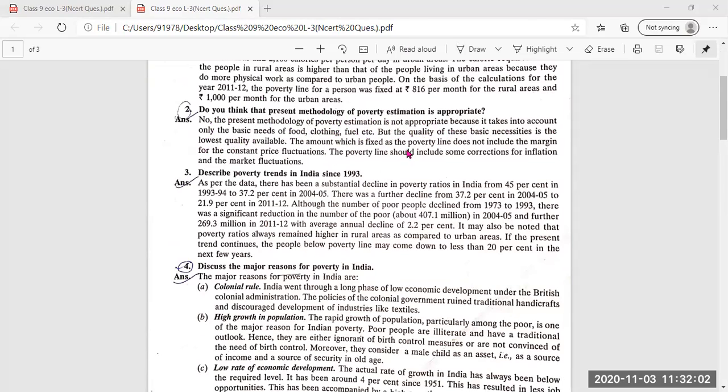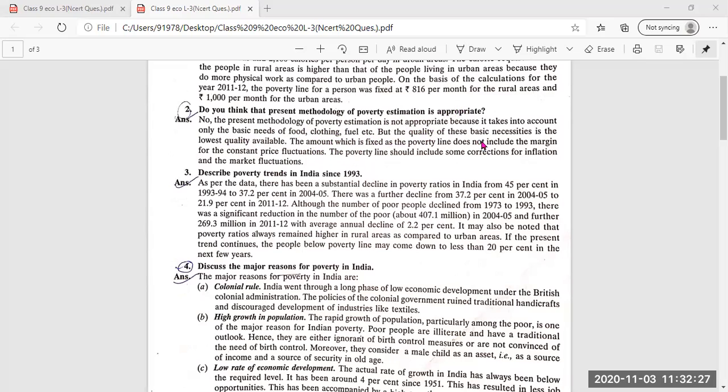It takes into account only the basic needs of food, clothing, fuel, etc. That means if people have the basic needs fulfilled, that is food, clothing, and fuel, for subsistence or living, then they will not be counted below the poverty line.